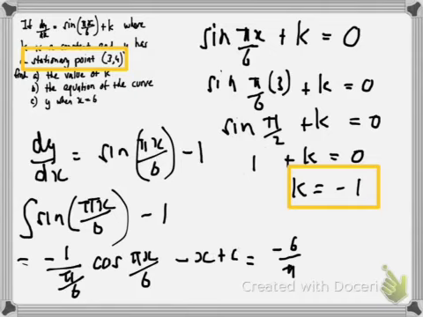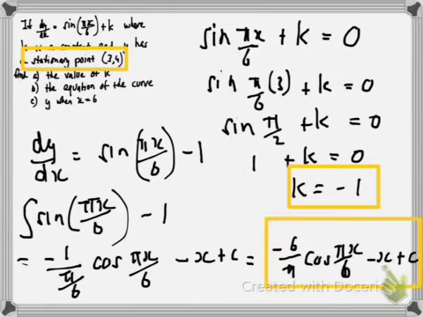I've got my plus c there too. Cos(πx/6) minus x plus c. That, ladies and gentlemen, is our original equation. Here it is. Okay, now we need to find our plus c.